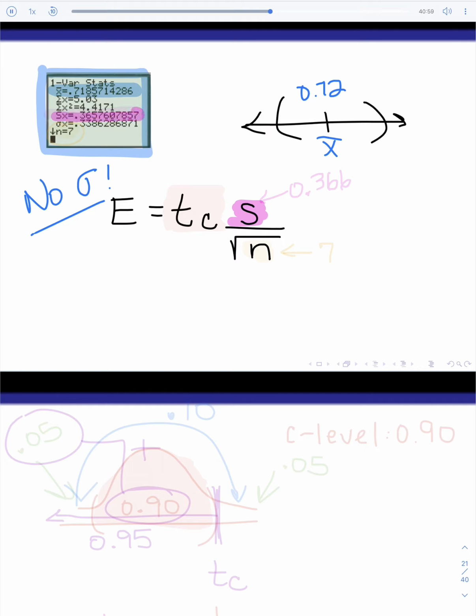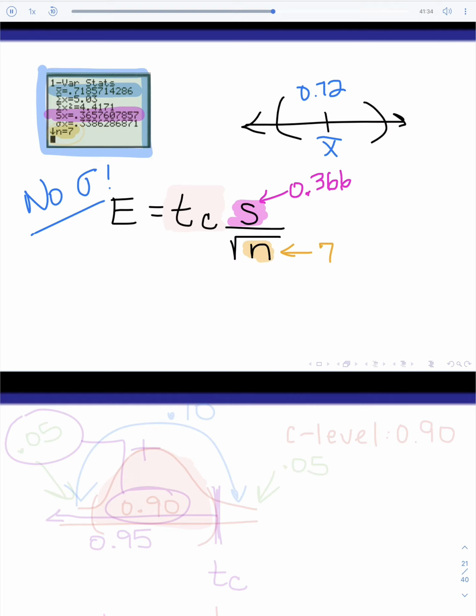That's our SX we learned, which is 0.37, and I would be careful on how you round. I would be more generous if you're concerned, because MyMathLab, if you round it too quickly, sometimes it'll throw off your answer. So you might want to go 0.366. It also tells us our n, our sample size, was 7. So we'd be plugging in a square root of 7 on the bottom here.